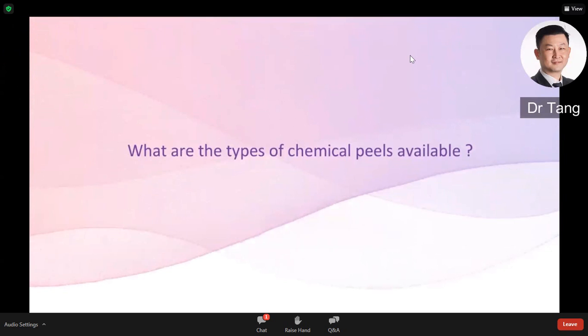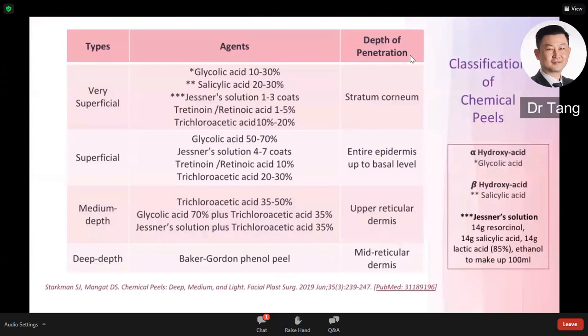Now let's look at what are the types of chemical peels available. Chemical peel can be divided based on the depth of penetration of the chemical agent. In general, there are 4 classes of chemical peel. The first is very superficial chemical peel. Examples of chemical agents grouped under this category are glycolic acid 10 to 30%. Glycolic acid is also a form of alpha hydroxy acid.